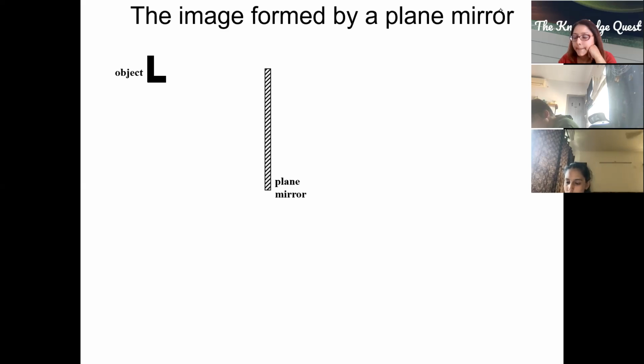Object made? Is it done? After these two are done, make a ray like this from the object to the plane mirror. And make a normal. Make a normal and make the ray like this.